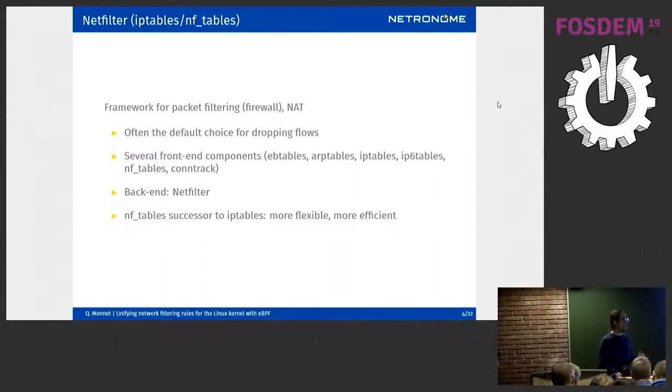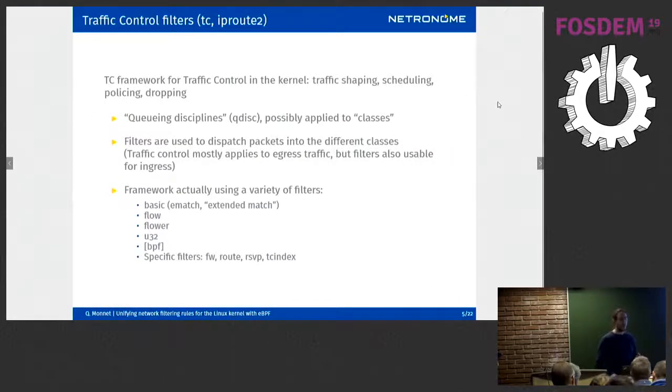Actually, we have other ones too. So we have, for example, TC, which is a framework for traffic control on Linux that you would manage with the tc tool from iproute2. So TC works by implementing some queuing disciplines, which are qdiscs, possibly working with classes which act like queues, kind of.